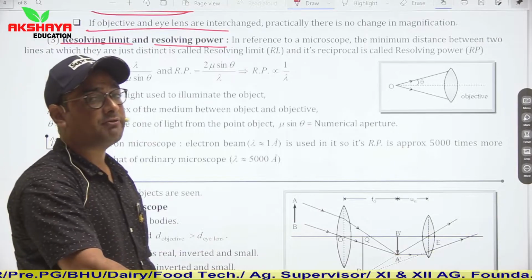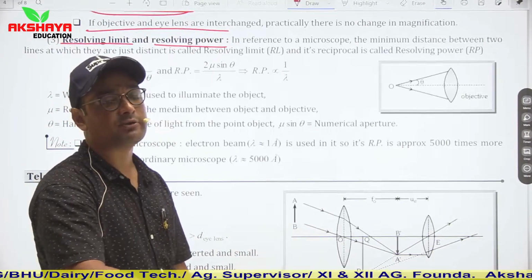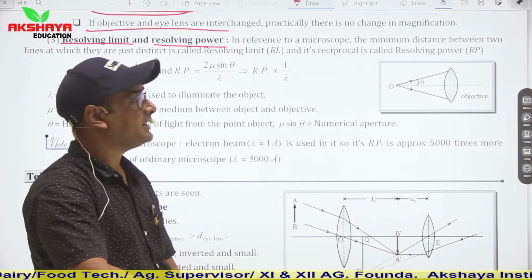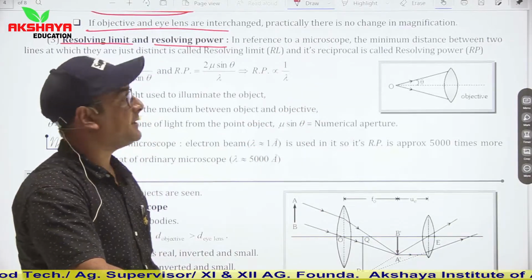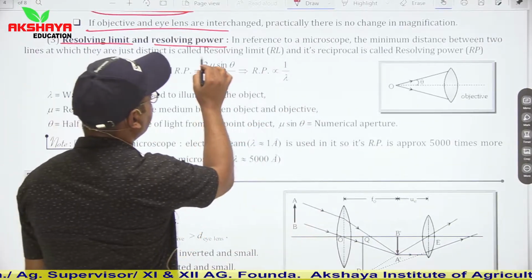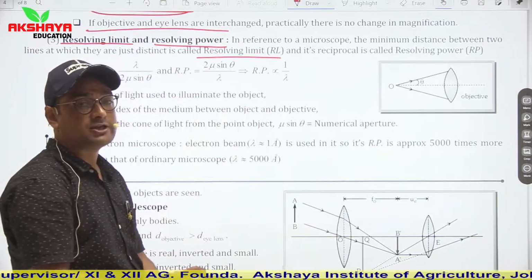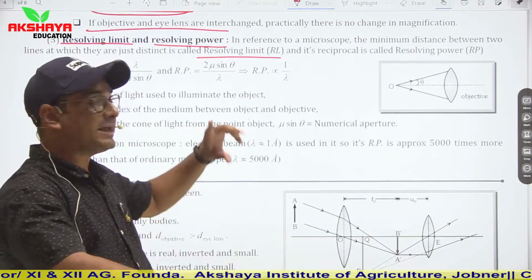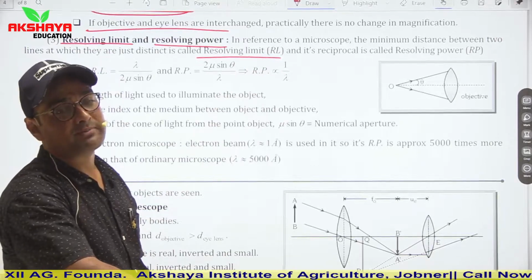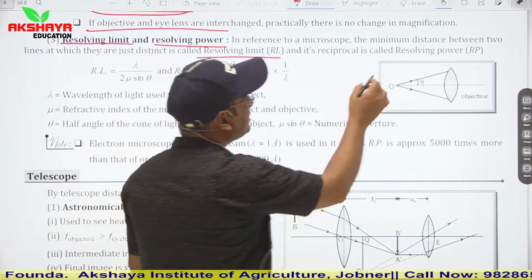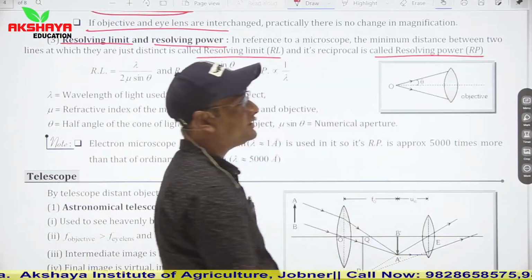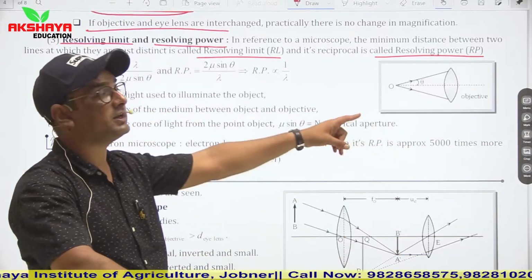It means if we want to see a distinct image of two closely placed objects, the minimum distance between them is known as the resolving limit, and its reciprocal is known as the resolving power. It means the higher the resolving limit, the lower the resolving power.